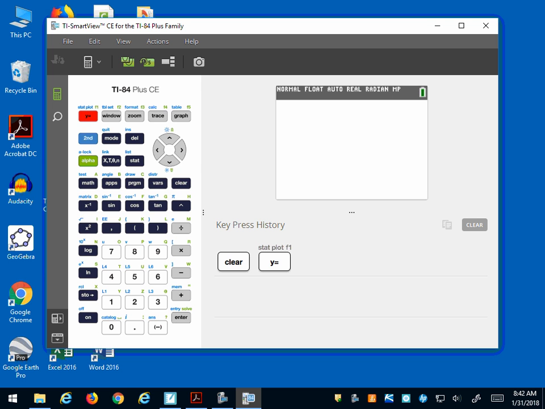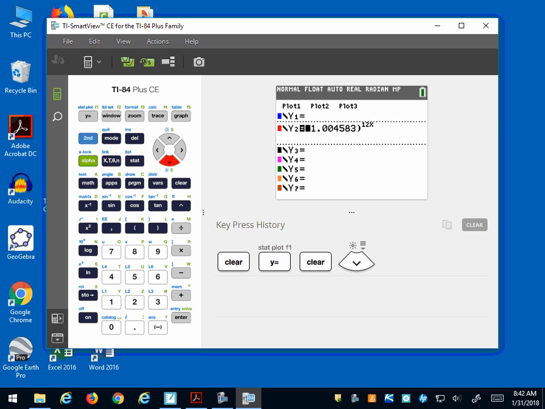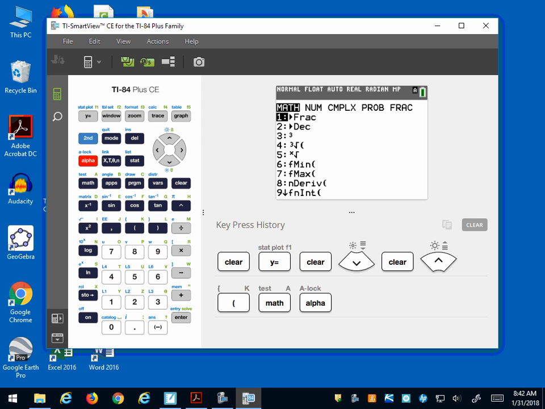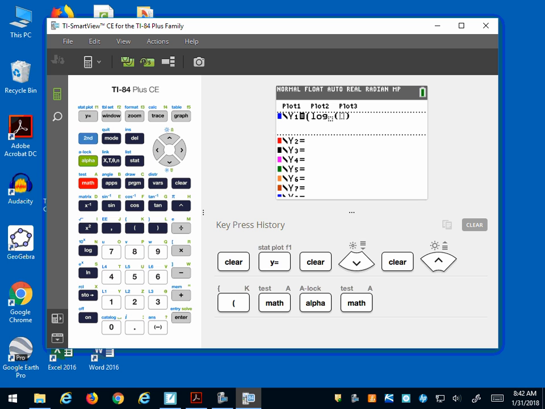So my left side of my equation here is log base 3 of x plus log base 4 of x. I'm going to put that in parentheses. Log. Remember, math, alpha, math gives us that log. So we could just enter it nicely there.